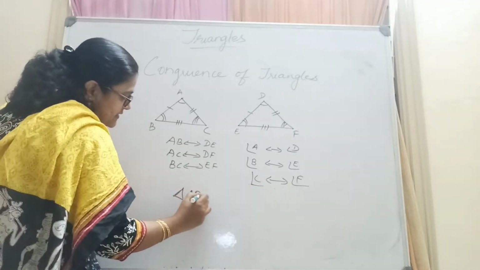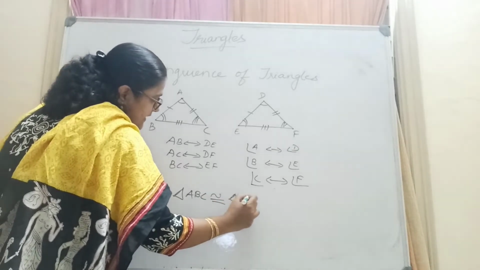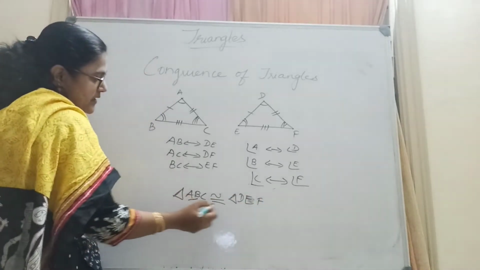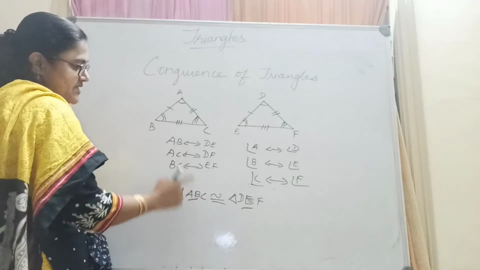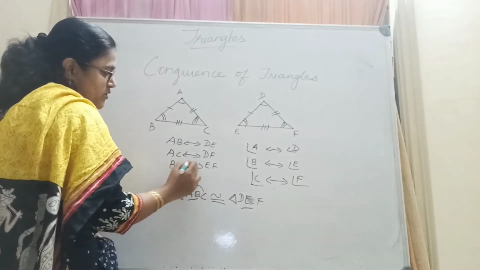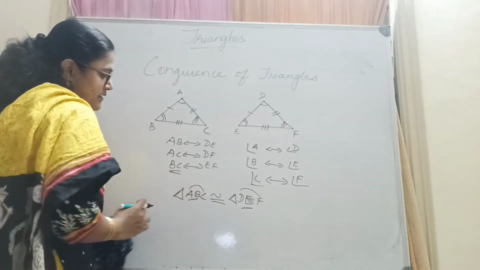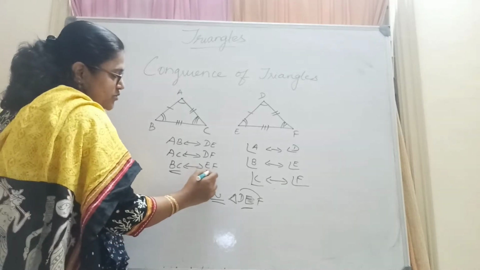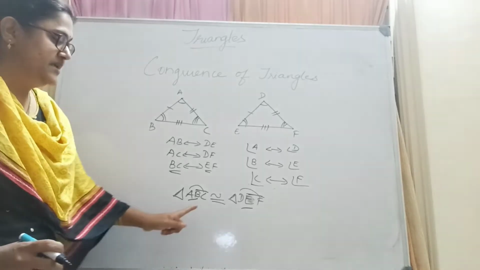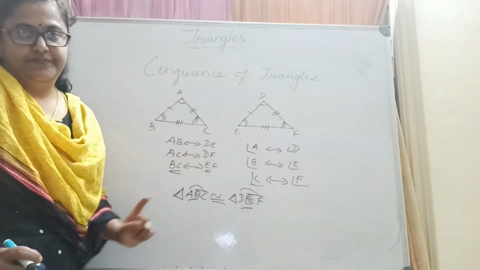Triangle ABC is congruent to triangle DEF. AB corresponds to DE, as you can see here, AC corresponds to DF, BC corresponds to EF. That is how it is written. So, triangle ABC is now congruent to triangle DEF. We have 6 informations for that.